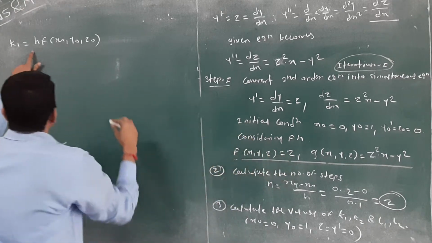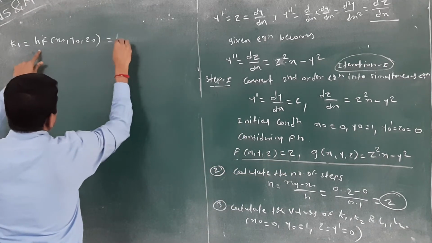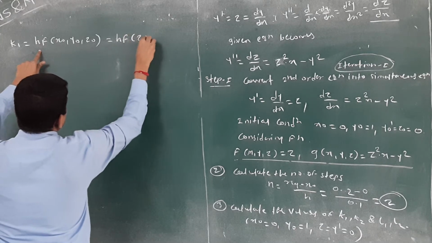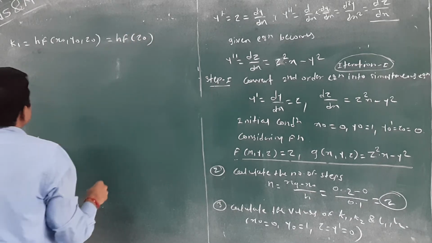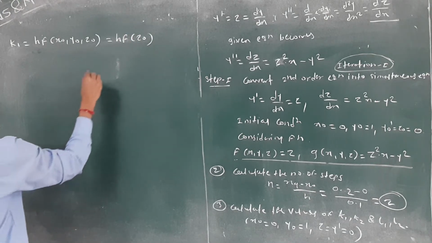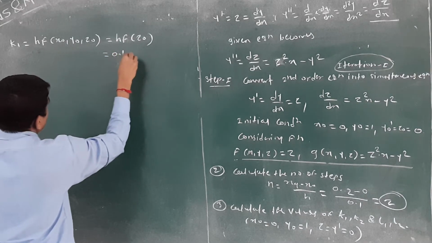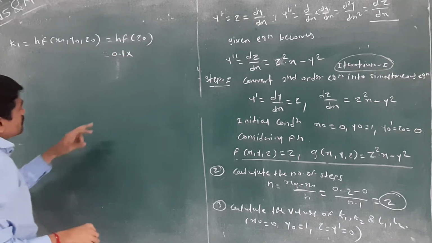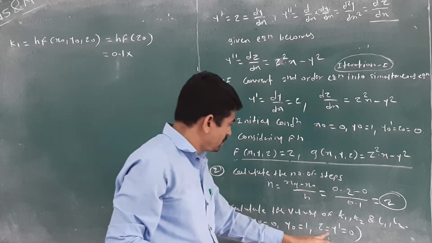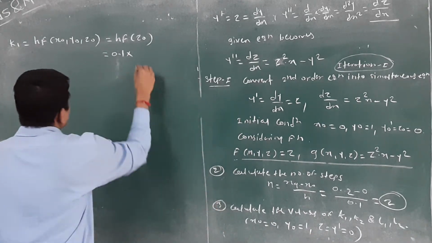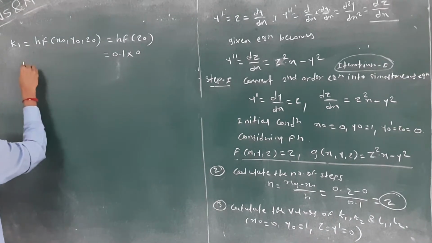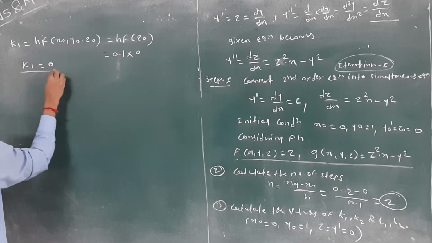Then we modify that equation: h f of z0. What is the value? h is 0.1, and what is the value of z0? It is 0, so you get k1 is equal to 0.